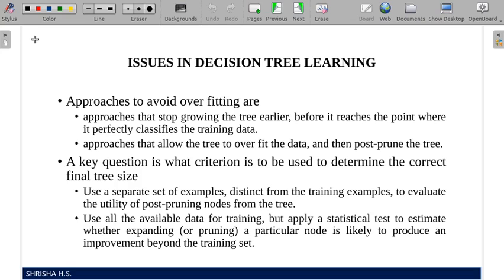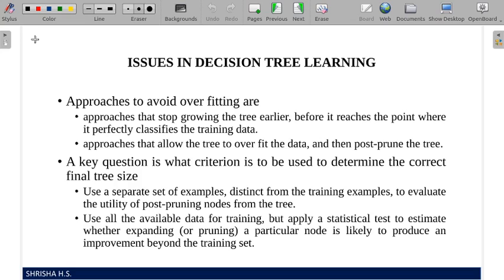If the accuracy decreases, that means pruning was wrong. If the accuracy does not decrease, then pruning has been successful. Post pruning means first allowing the tree to grow completely, then chopping off the decision tree's branches.